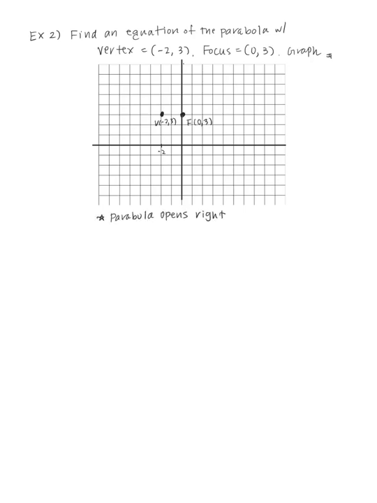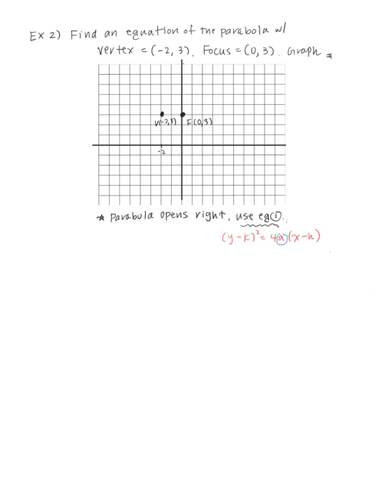That means that if you look at the conic sheet, we're going to have to use equation 1, which is y minus k squared equals 4a times x minus h. Let's keep that in mind as well.